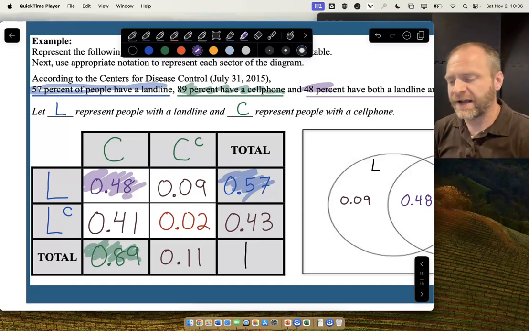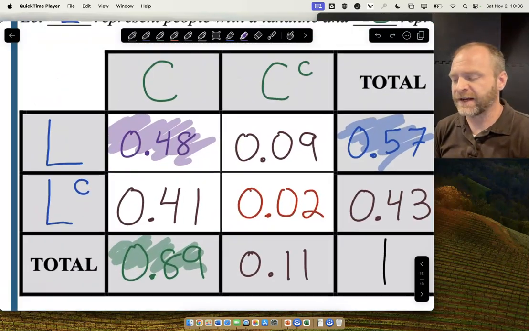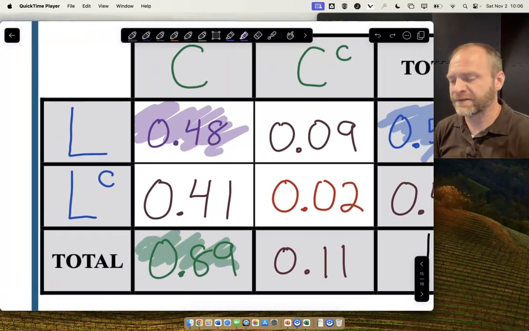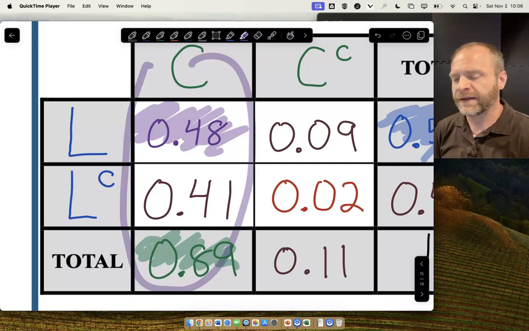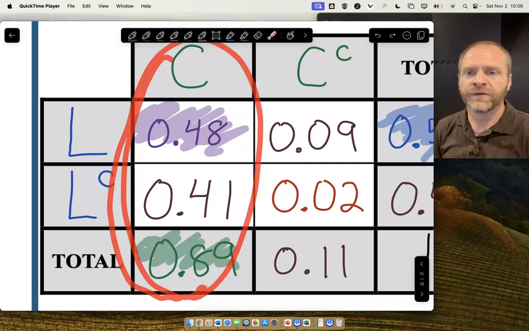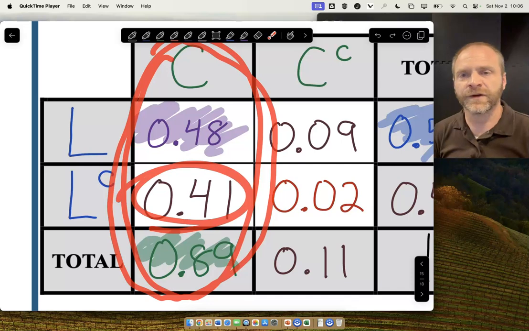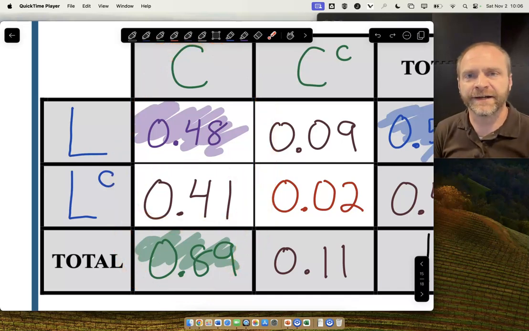So the question you have to ask yourself is, how did I get the rest of the information? Well, you do realize all of them have to add up to 1 on the total. And so once I figure that out, let's look at the column right here. If I know 48% have both, but 89% have a cell phone in total, I can figure out that this is 41 because it has to add up to 89.